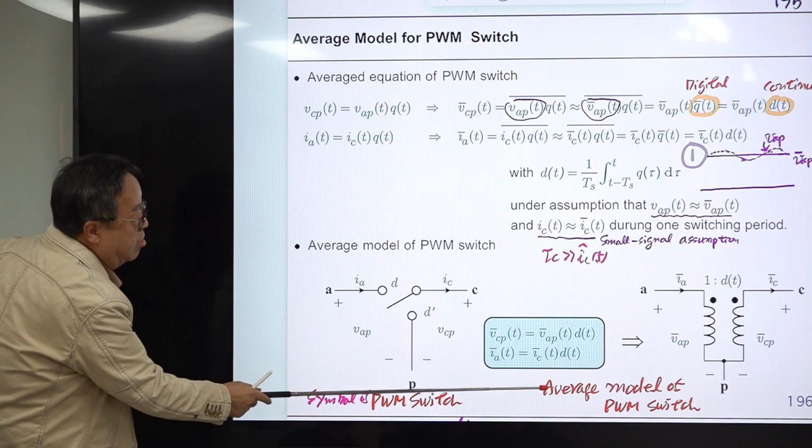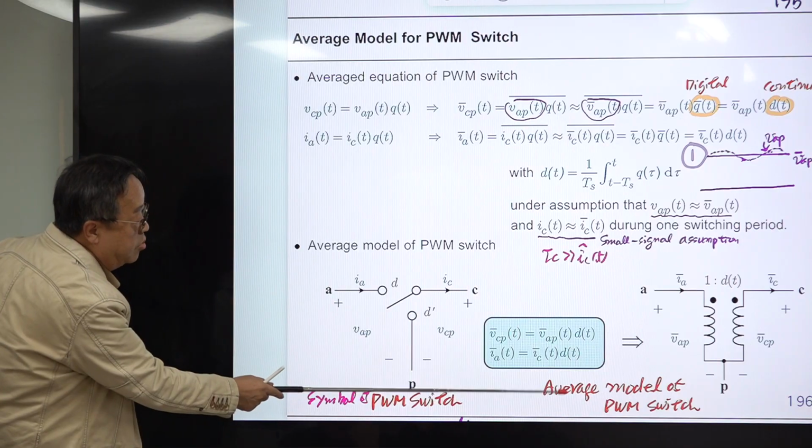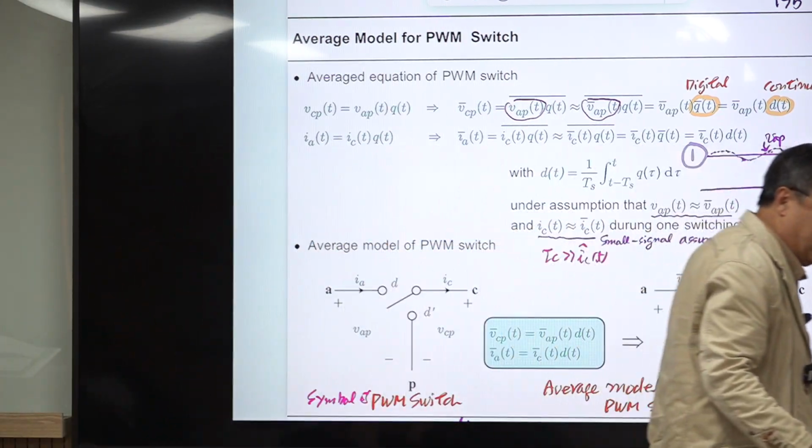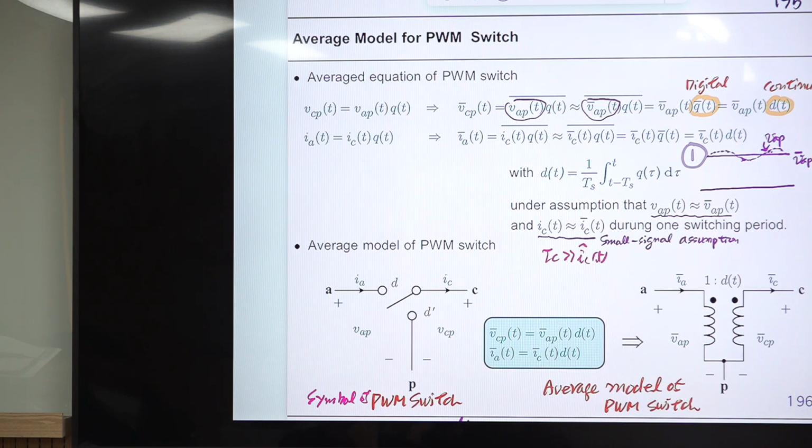And this is the average equation of the PWM switch, and this is converted to this circuit model using the definition of the ideal transformer. In the ideal transformer here, this v_cp is v_ap times d(t). So we assume this is the turns ratio in the ideal transformer, and i_a is i_c times d(t).